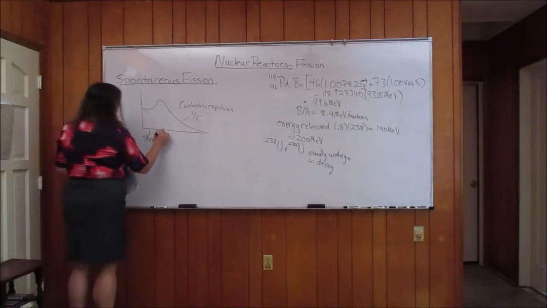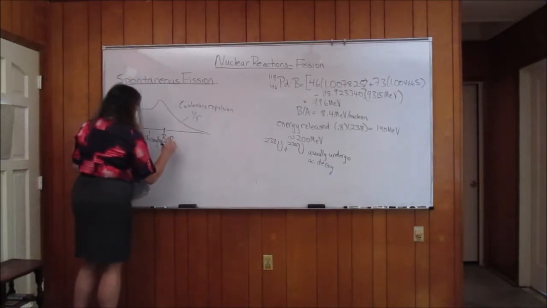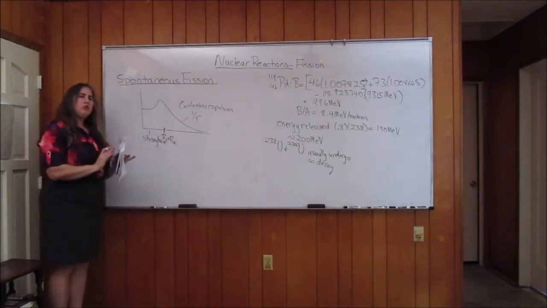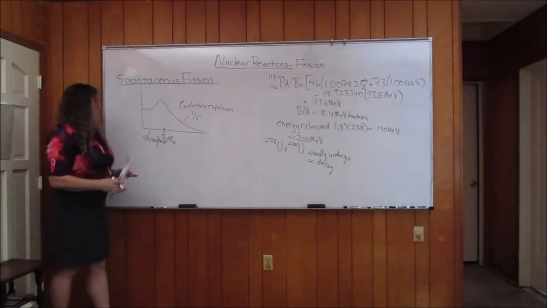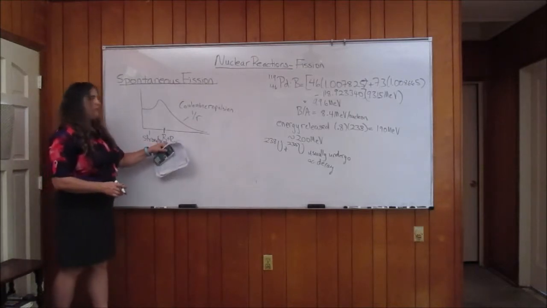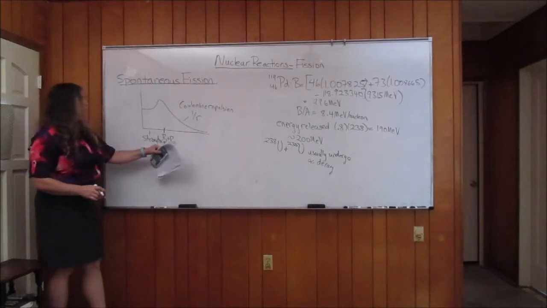So right around this region, it's roughly where the two nuclei are very close together. I don't use the word touching, but say that that's the radius of nucleus 1, that's the radius of nucleus 2.